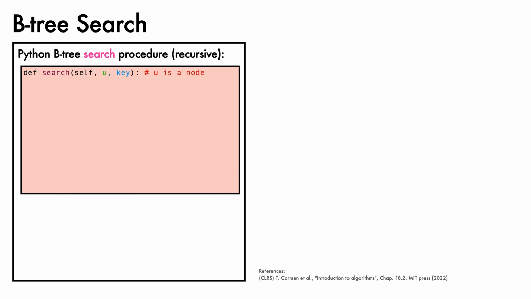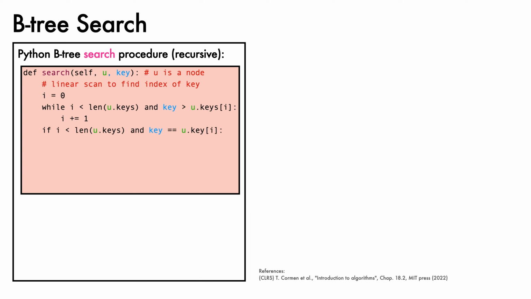The arguments to the search function, in addition to an instance of the B-tree itself, are a node u representing the subtree in which we want to search, and the key we are searching for. Since the keys at each node are ordered, we first perform a simple linear scan to find the lowest index where u's key remains at least as large as the query key by creating an index variable i and iterating it through the position of the keys until the query key is bigger than one of the node's keys, or we run out of keys to compare to.